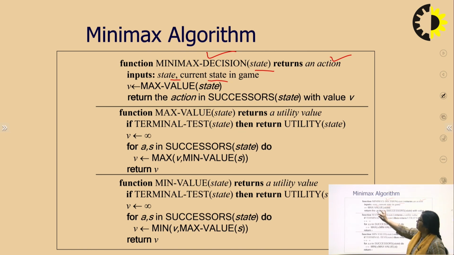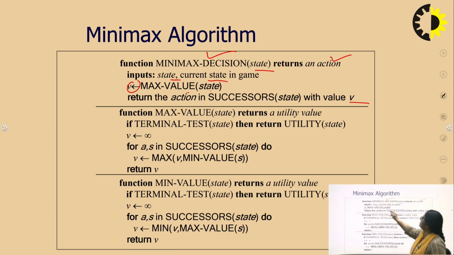Initially the turn is of max. So that's why we run the max value function first. Max will find the maximum value for the particular state. So that will be V. V is the maximum value. It will return the action in successors of state with max value V.